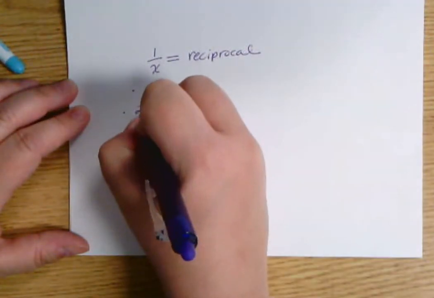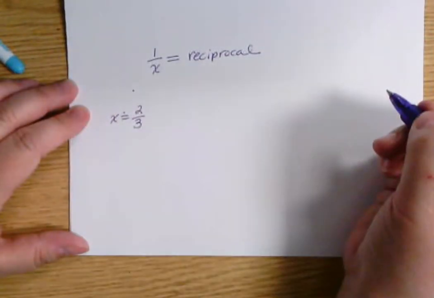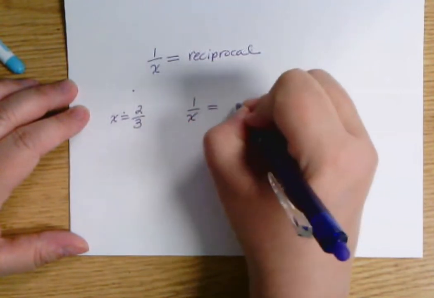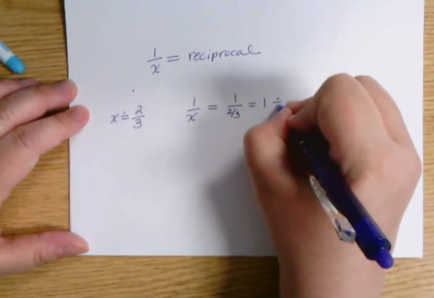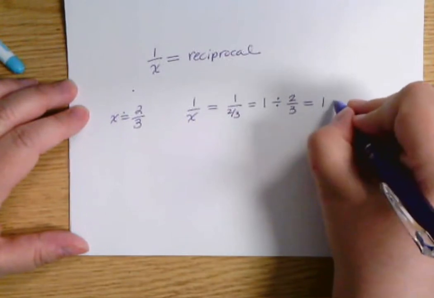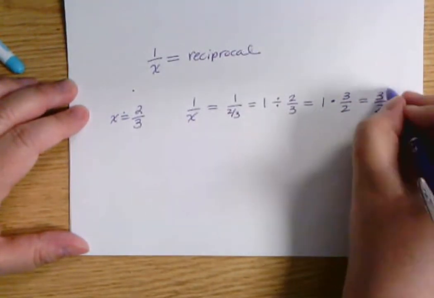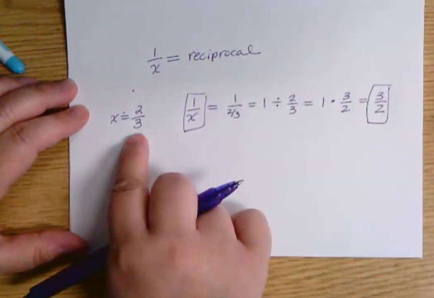Let's say my x is 2/3. Then 1 over x means 1 divided by 2/3. And the way we divide a fraction is we multiply by the reciprocal. So 1 over x is 3/2.